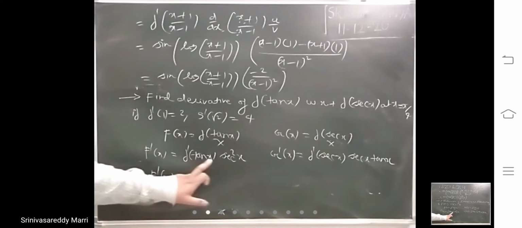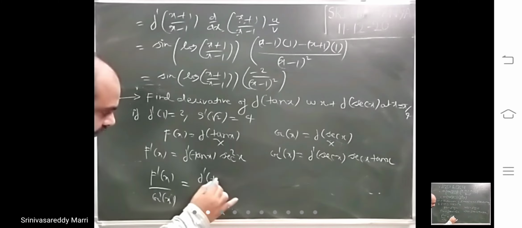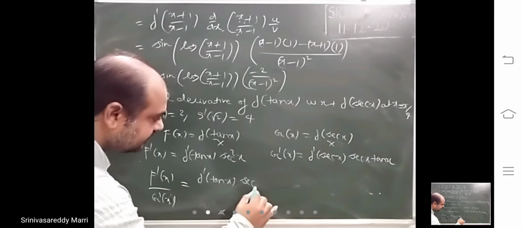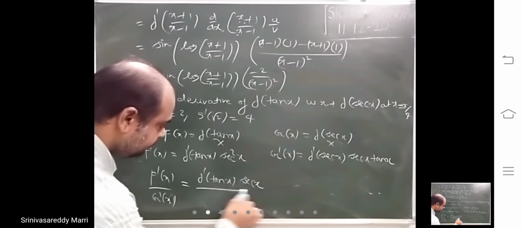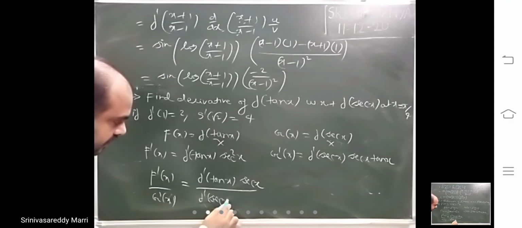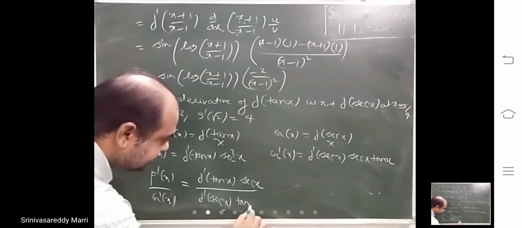F dash x by G dash x, so this divided by this. That means you will get one secant x cancelled, divided by f dash secant x into tan x.